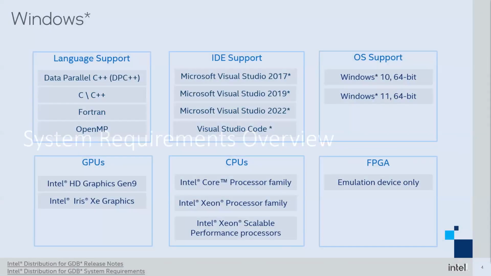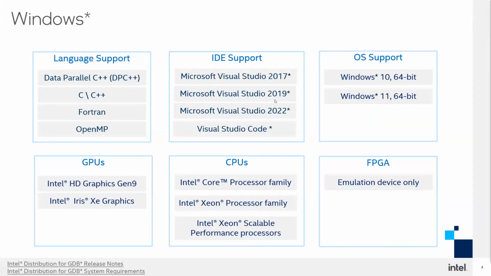So yeah, let's look at system requirements first. As you see, we support Windows 10 and Windows 11. Visual Studio is supported as the 3 latest releases. But please note that Visual Studio 2017 is discontinued, so the support will be removed in future releases.